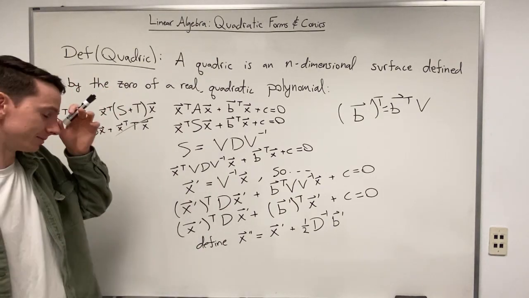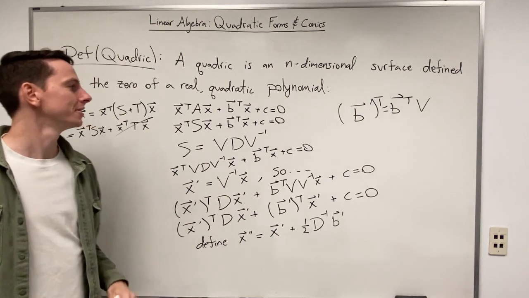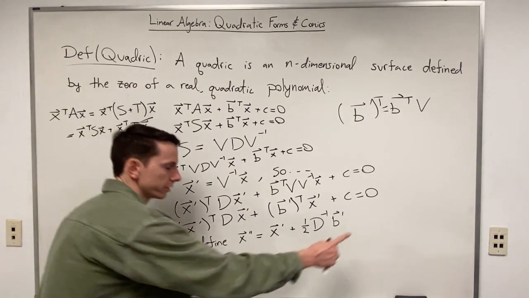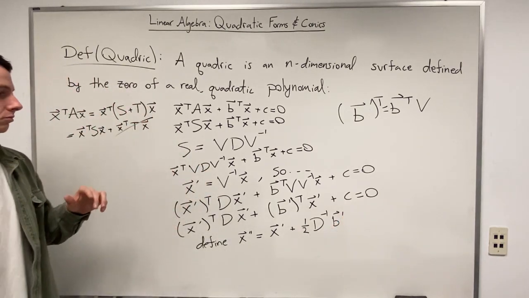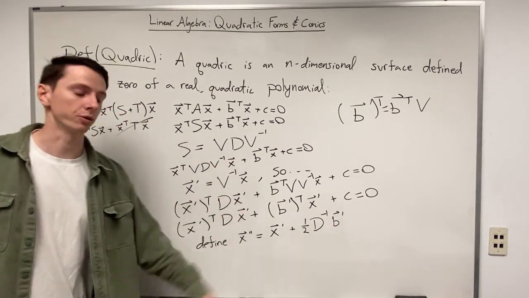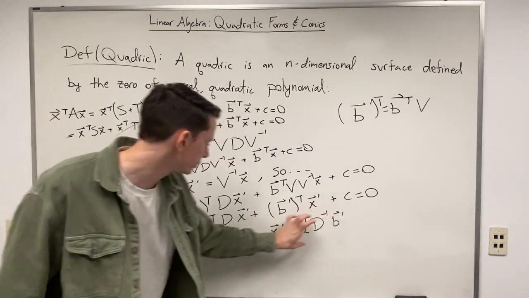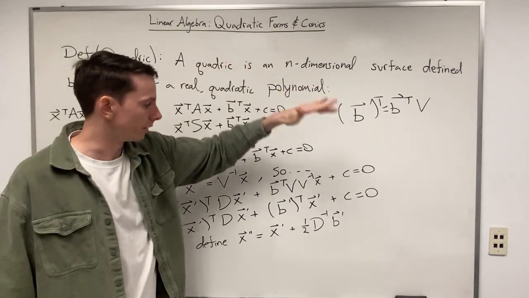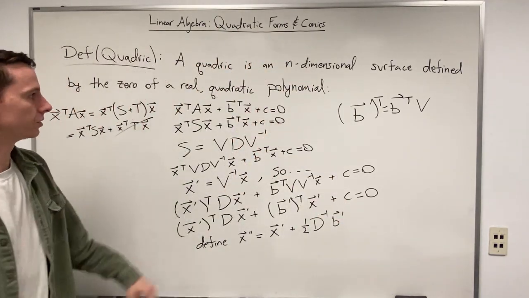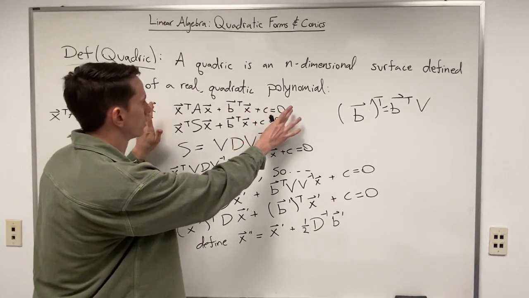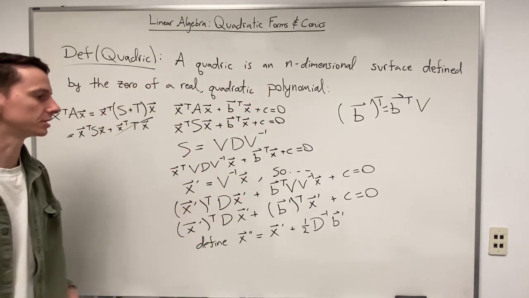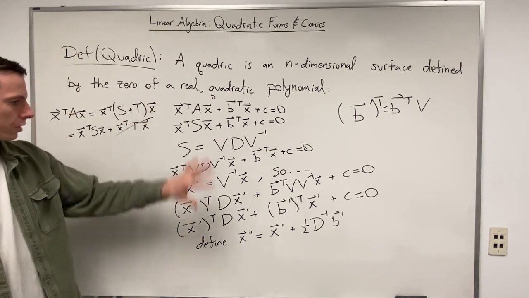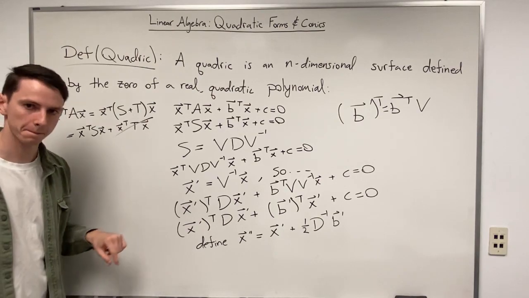And I just realized that, because this is at the bottom of the board, what I should probably do is write out this equation right here, which is the equation in the single primed coordinate system, as well as this new definition for the double primed coordinate system up at the top, so then we have room to evaluate this and then just show that we can take our starting quadratic and rewrite it in this simplified form. So I'll probably leave this and this up on the board and erase everything else to finish up the video.